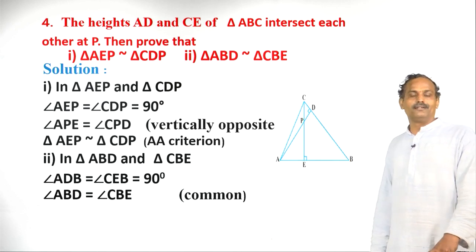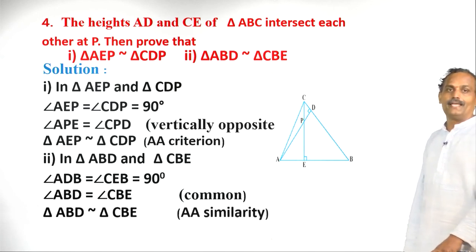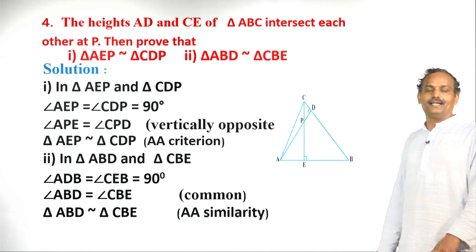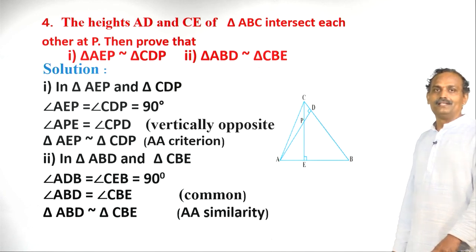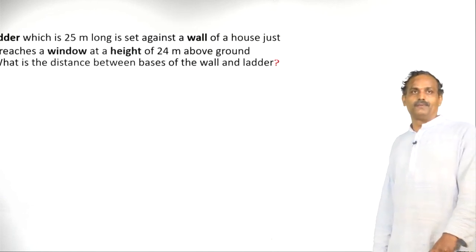Therefore, two angles are equal, so the third angle should be equal. Therefore, from the AA criterion, we can easily tell that triangle ABD is similar to triangle CBE. Now, let us move on to the next problem.